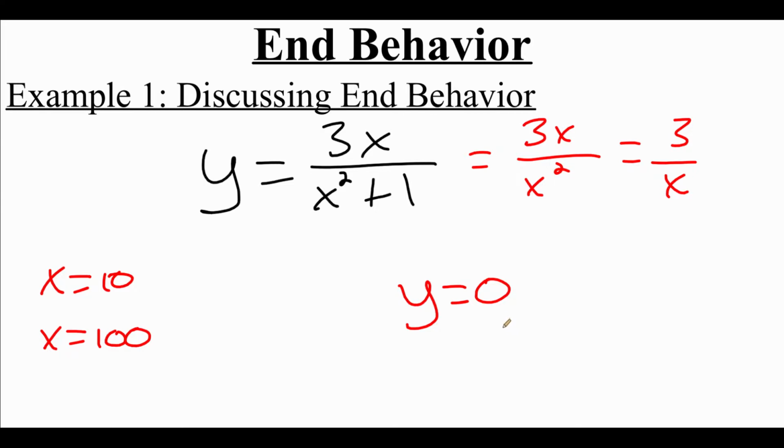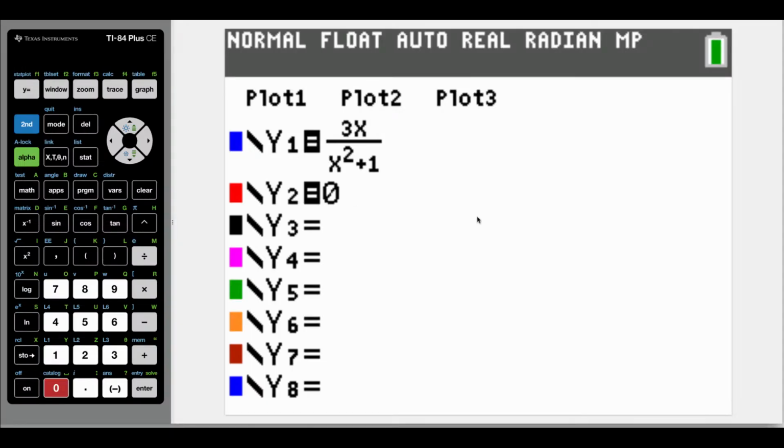And similarly on the left-hand side, if we were going really far in the negative direction, we'd keep getting decimals that are closer and closer to 0, but on the negative end. So we can really think about this graph having similar behavior to the graph for the line y equals 0. And I'm going to show that on my calculator. So in my calculator, I have both of those equations typed in. I have the 3x over x squared plus 1, and I have the y equals 0.